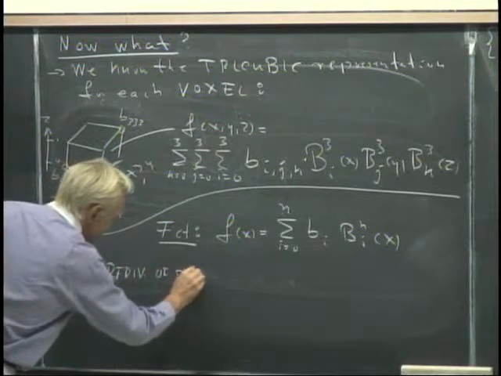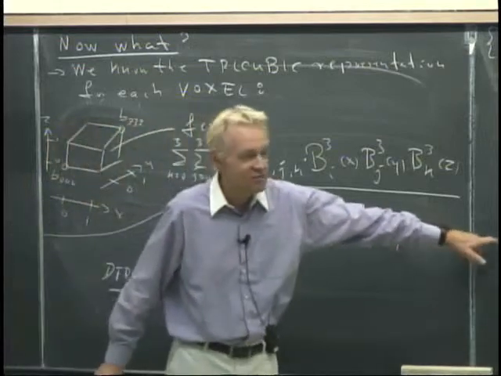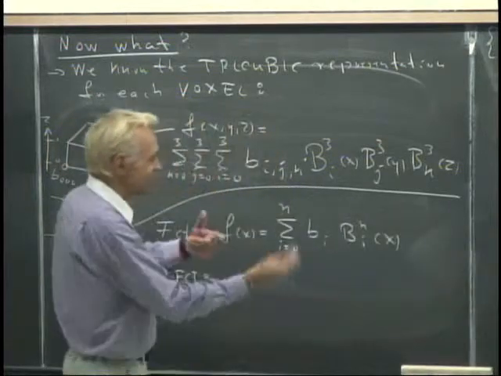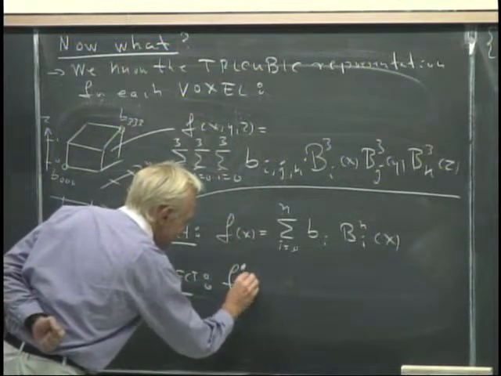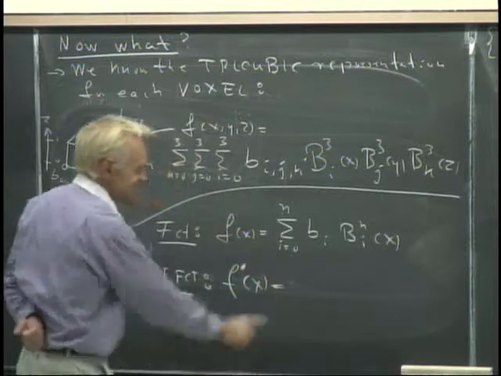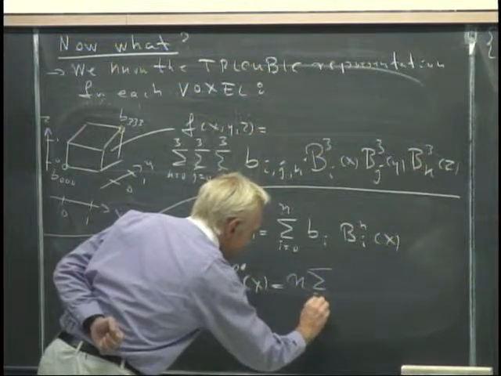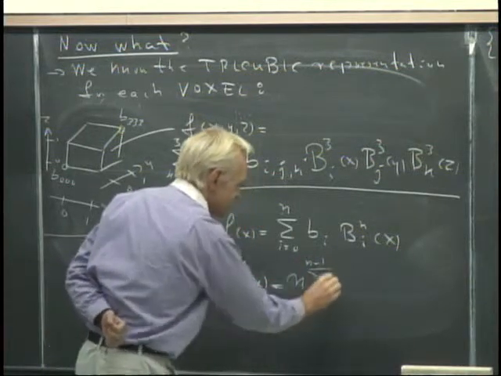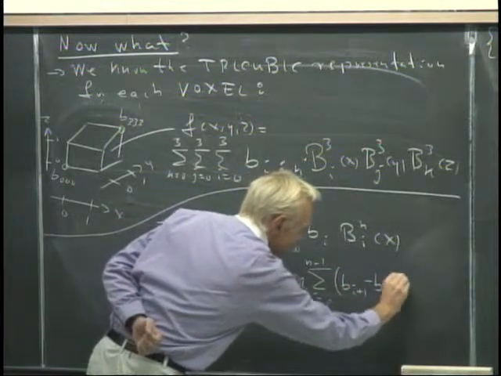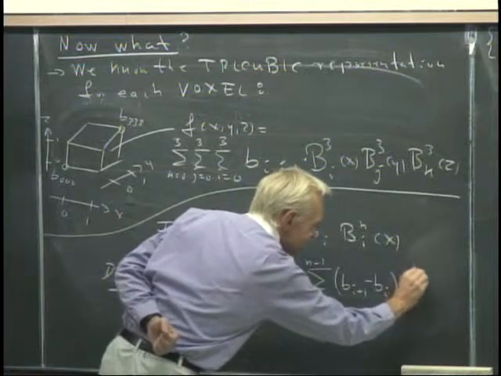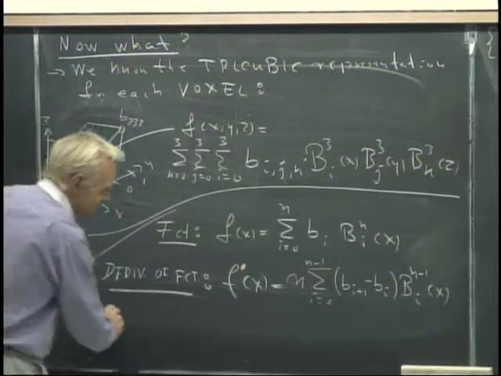The derivative follows from formally deriving it. Once you do that, after a lot of manipulation, you get the derivative f prime of x. And the interesting thing is it has a similar form. It is n times the sum i from 0 to n minus 1 of certain differences, (b_{i+1} minus b_i), times Bernstein polynomials b_i of one degree less, n minus 1, of x. This is the most important thing that we need for our first assignment.